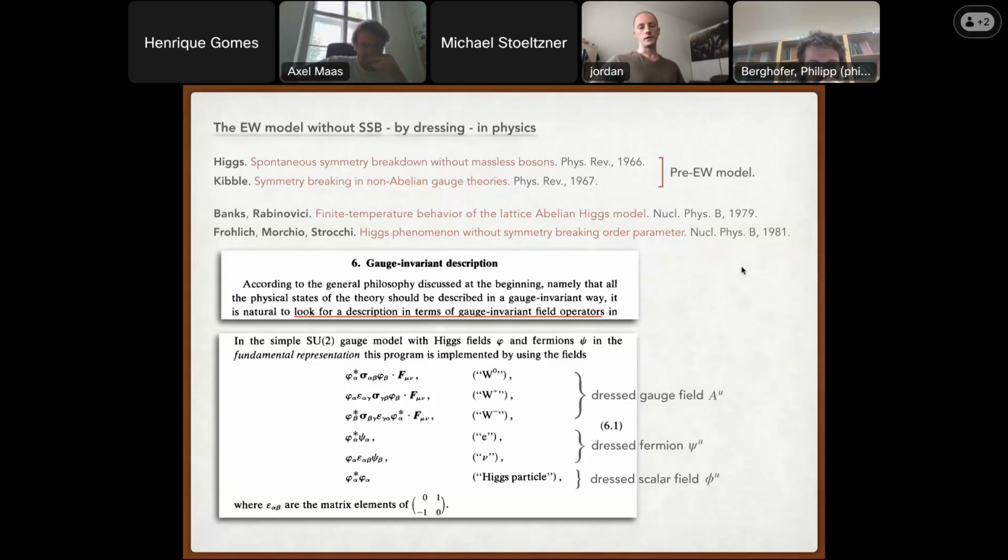So a clear link between the FMS construction of those field operators and the more geometric, so to speak, approach coming out from the dressing field approach.